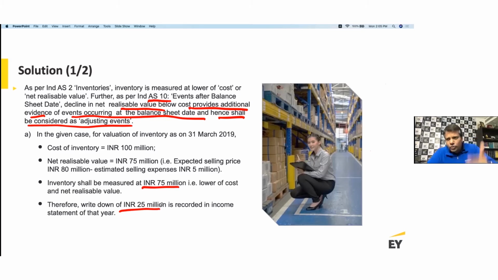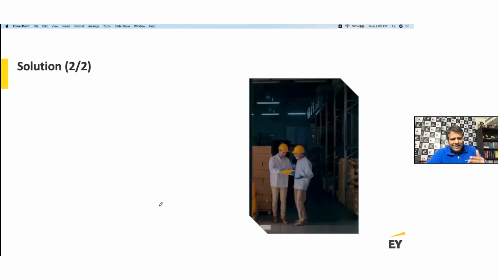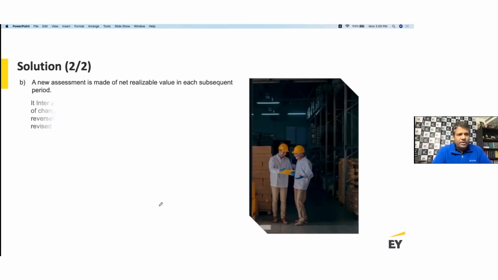Now I move to next year. Next year, I realize that inventory is still out there, but the board have now made an estimate. The selling price is now 110, and I'm going to incur a cost of 5. That means my realizable value is now 105. What was my cost? 100. The original carrying amount was 100. That means whatever loss I've recorded, I'm allowed to reverse, right?